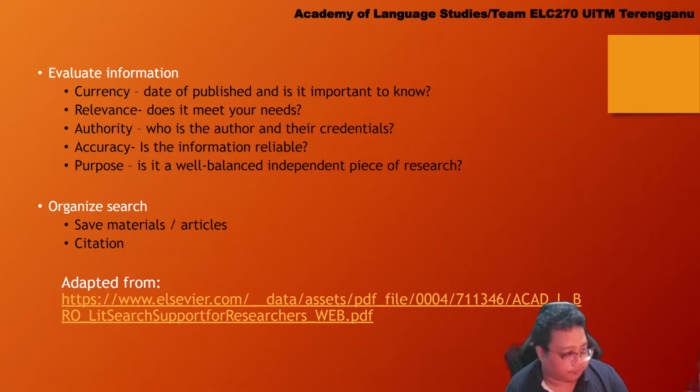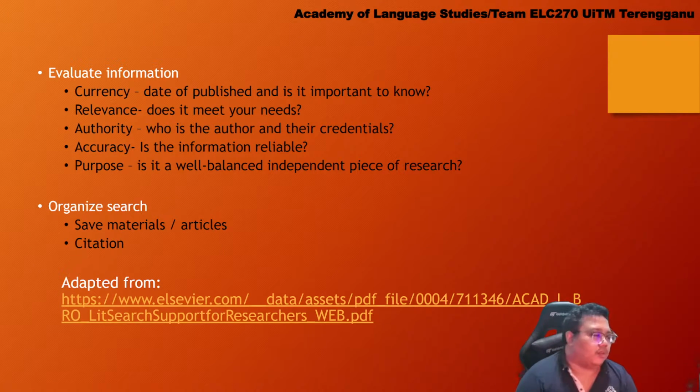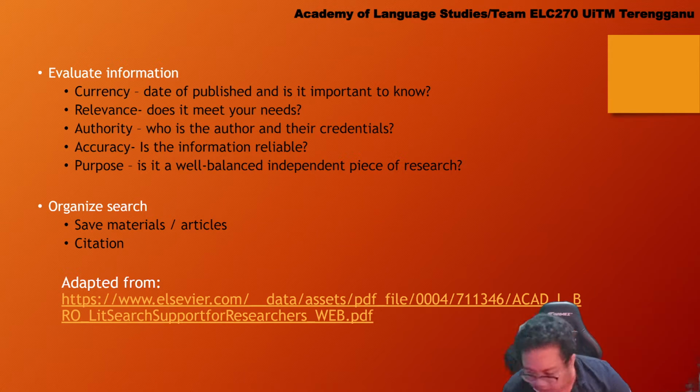That is important. Then after you have the articles and materials, you organize your search. You save the materials, save the articles. Control S, save. Control P, print. Control C, Control V, copy paste. Still remember? Yes. Okay, good. You need to always save the materials and keep them with you.